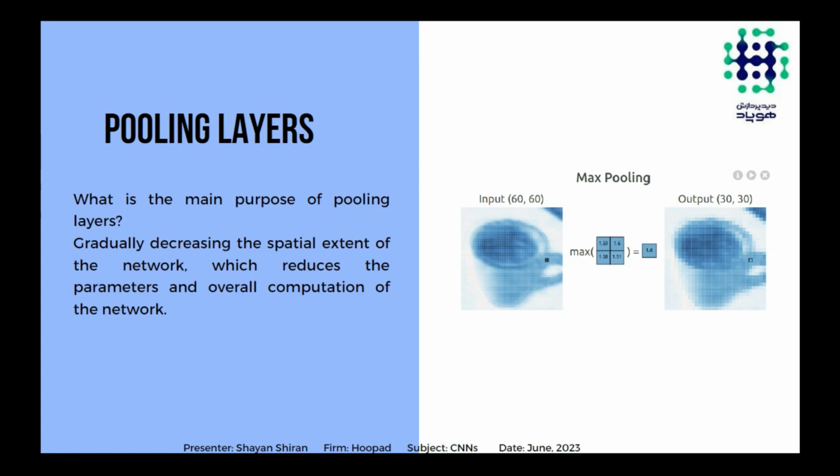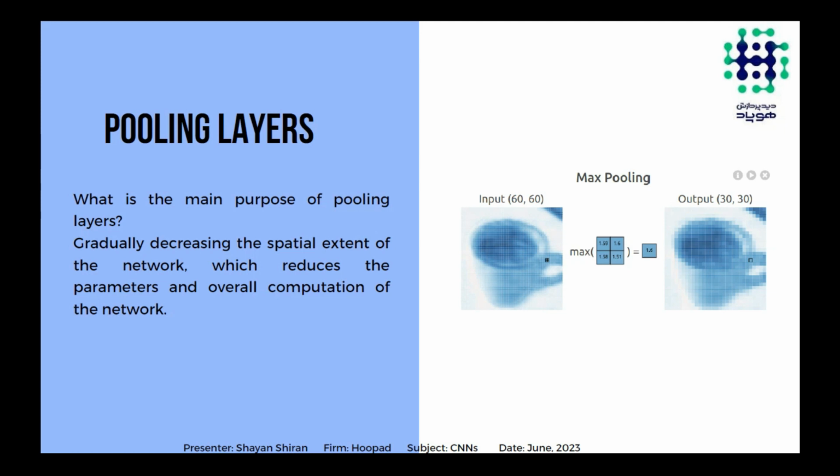And these pooling layers reduce the overall computation of the network. And then again, we have different kinds of poolings. One of them is max pooling.